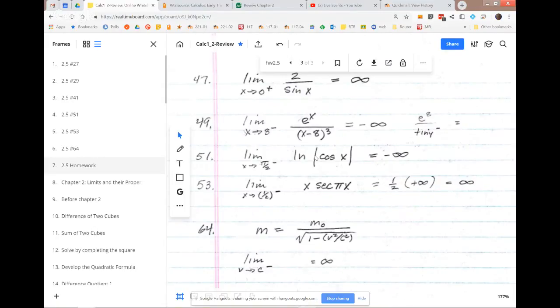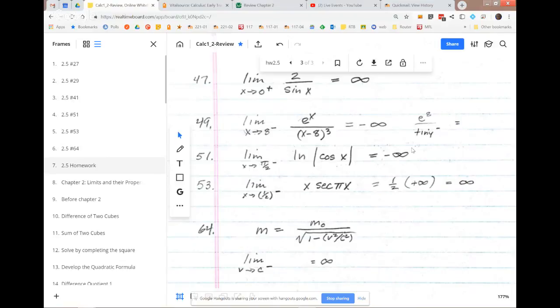And what's 7.9 minus 8? Negative 0.1. And when you cube a negative, it's still a negative, and in fact it's going to be even tinier.